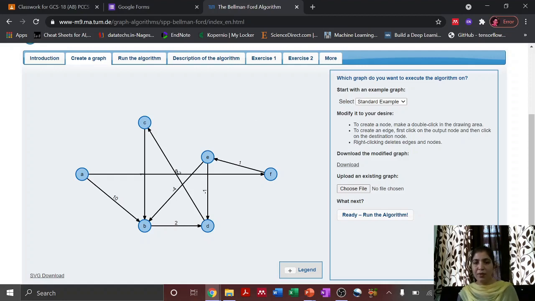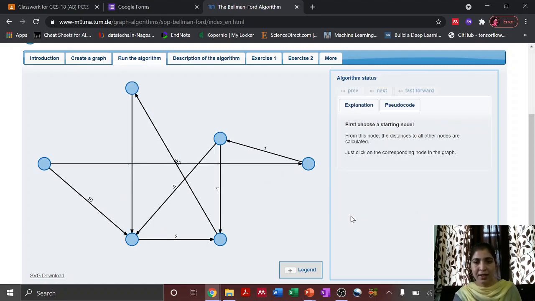Everything else is the same. Now let us run this algorithm. It is saying let us first choose the starting node. So this is the starting node, this is now our S, so this is now symmetric to the presentation. Okay, so let's run it.